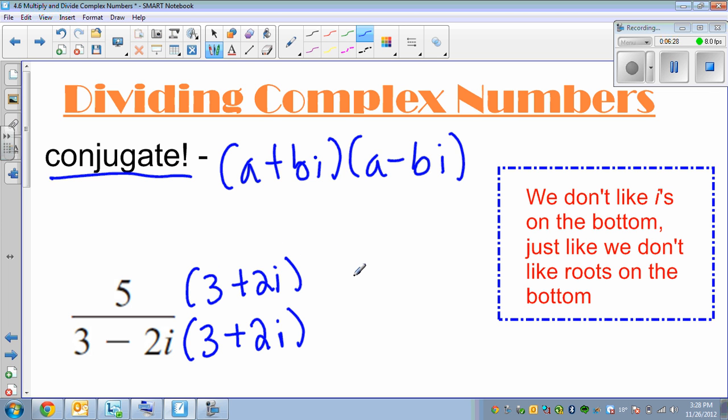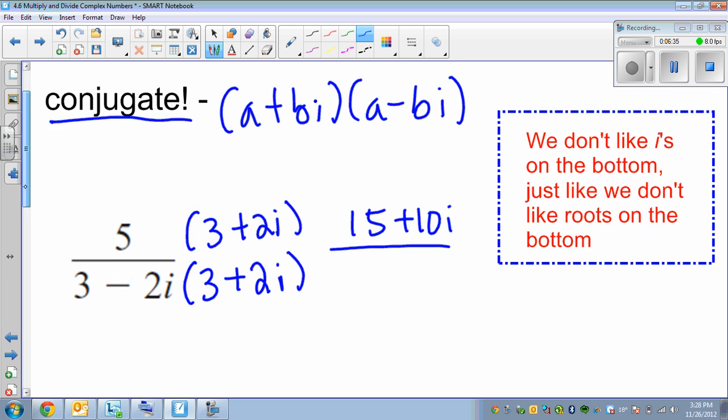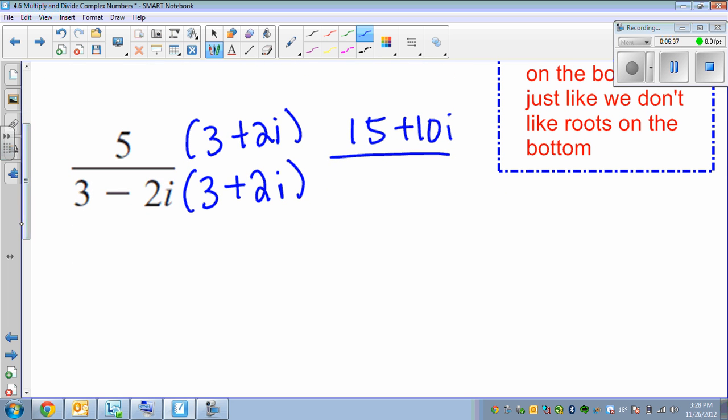So we multiply that out, and we get 15 plus 10i over. Foil out the bottom, that's why it's good to know how to foil. 9 minus 6i plus 6i minus 4i squared.